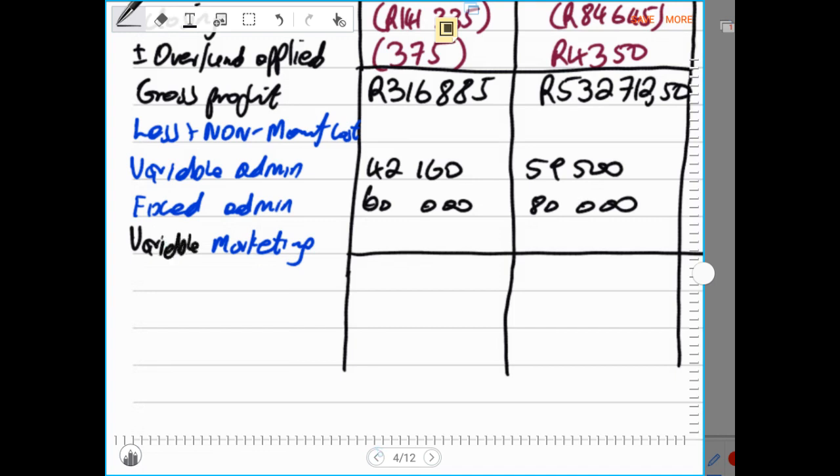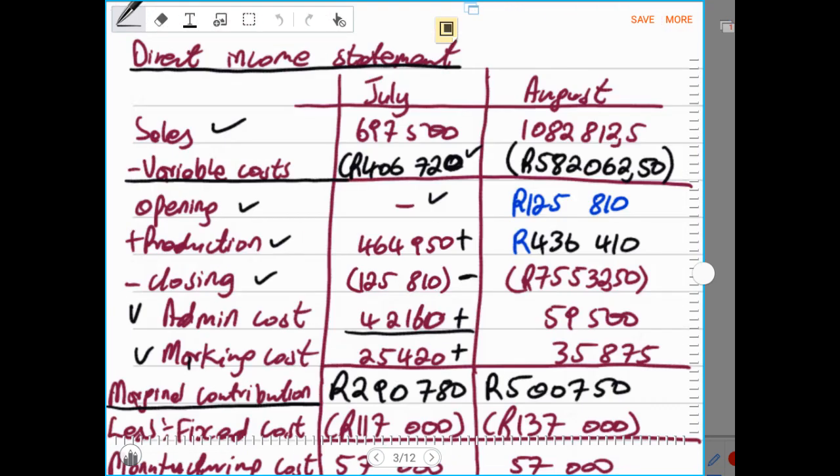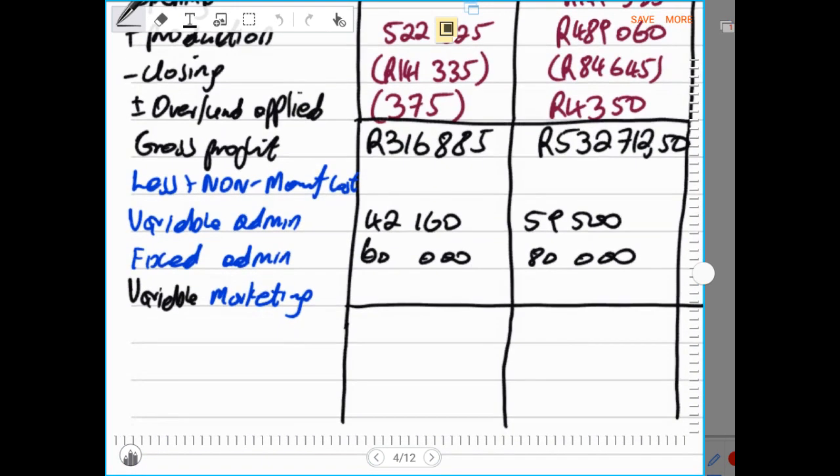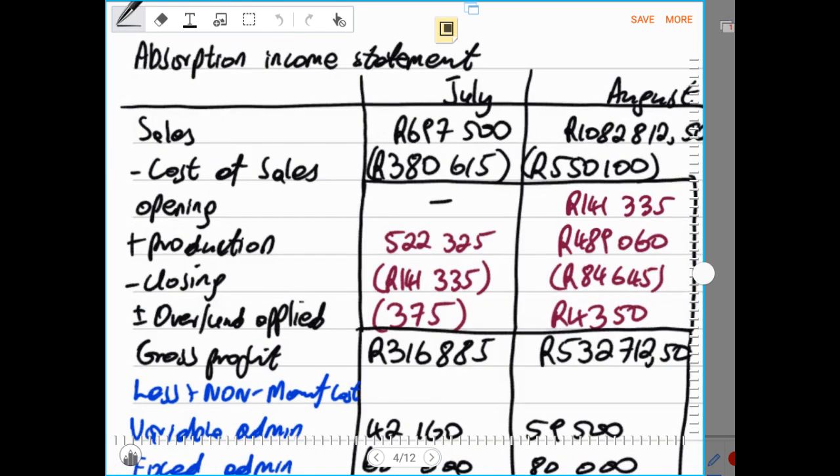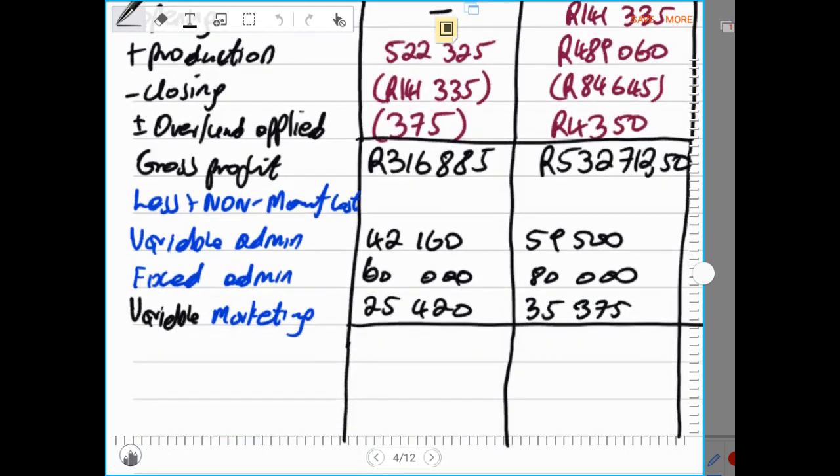Then our variable marketing will appear under variable cost in the previous one: 25,420. Then after we had 35,875, hope I captured the memo right. That was our variable marketing.